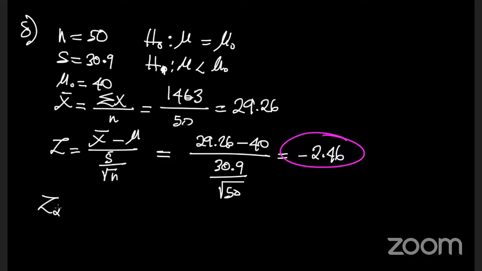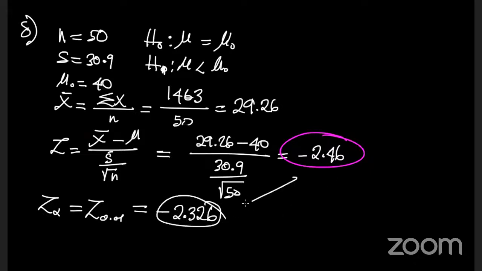For the critical value, Z at 0.01 is given as 2.326. We're not calculating this value, we're picking this value. So the statistical decision is, let's compare. I think this is greater than the other.